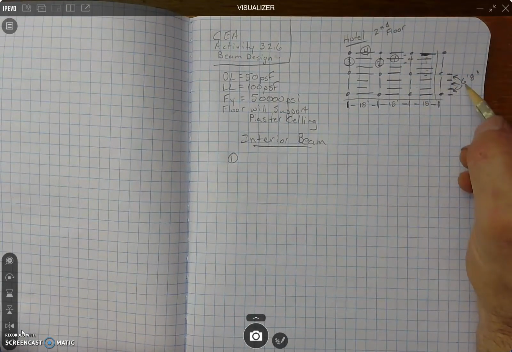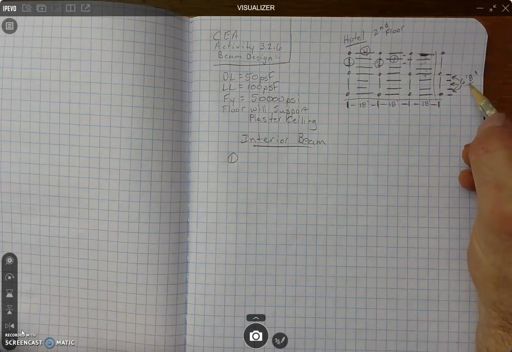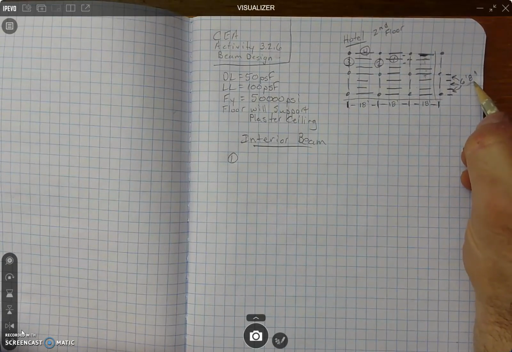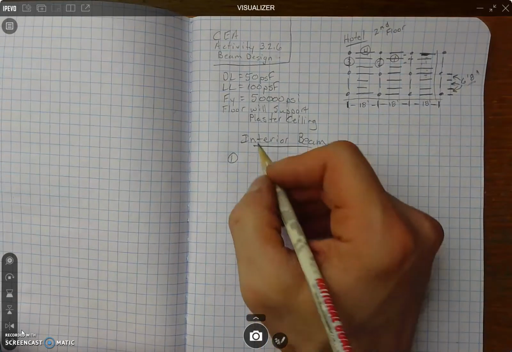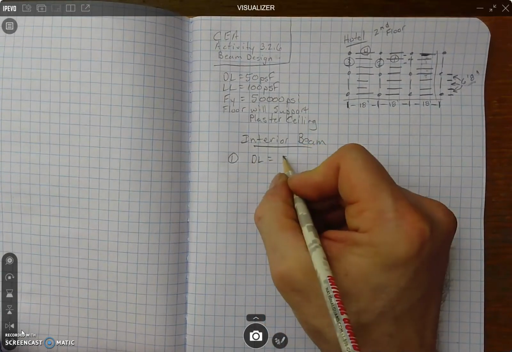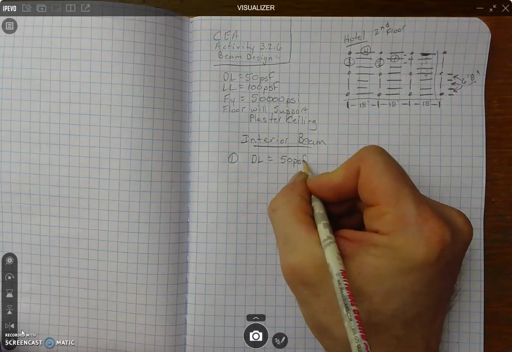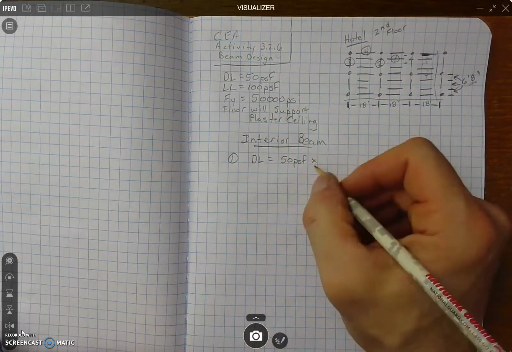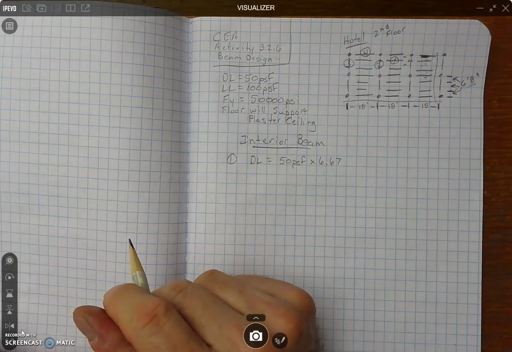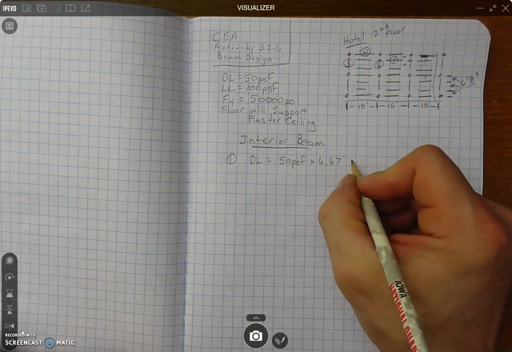That tributary is 6 feet, 8 inches wide, or if you express it all in feet, 6 2/3, or 6.67 feet. So we take our pounds per square foot: dead load equals 50 pounds per square foot times our 6.67 feet.